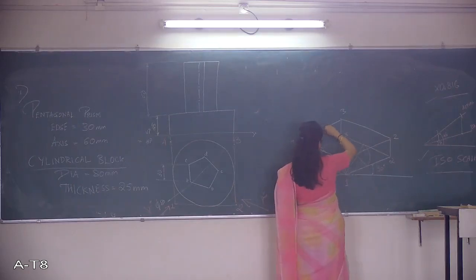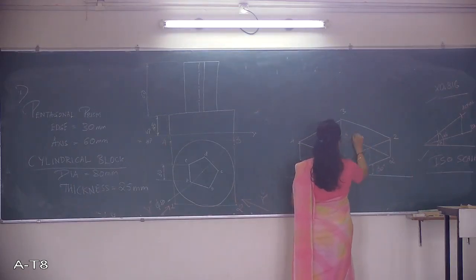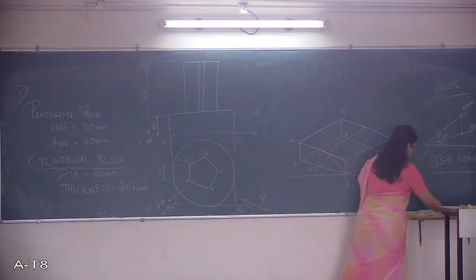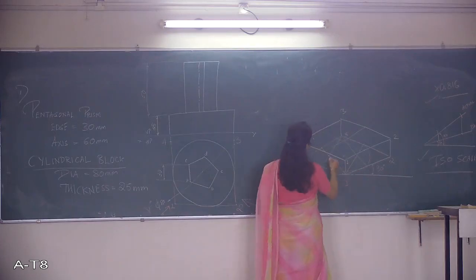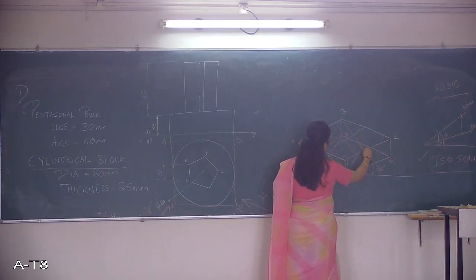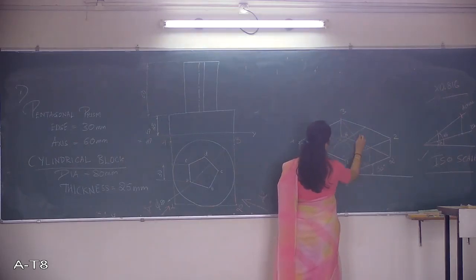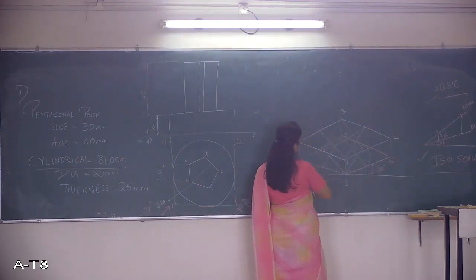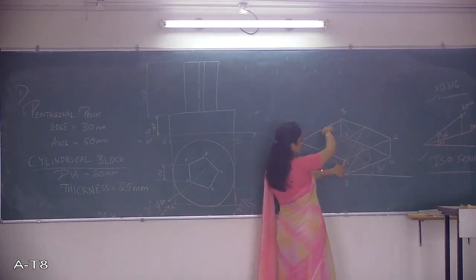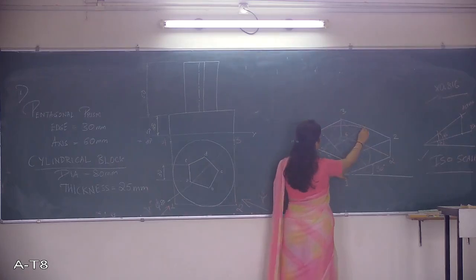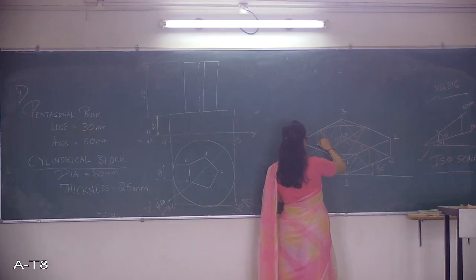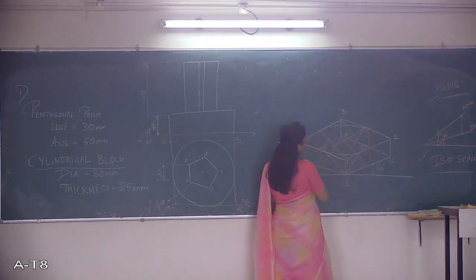So we will get the center. Once we get the center, from 3 you join it to the new center. From 1 you join it to the new centers, and then again by taking the compass, by taking this as the radius, you have to get this arc by the 4 center method.